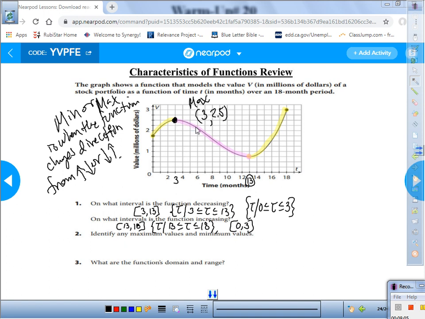Then it decreases. However, what happens at this point? It changes direction, doesn't it? It goes back up, so this is the next point right here. And this we will call what? The minimum. And what is the coordinate for this one? 13, 0.75.